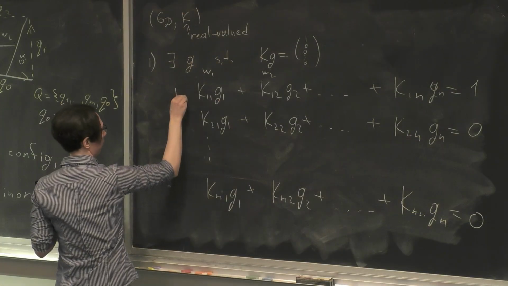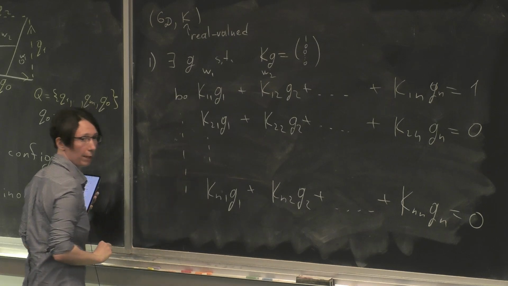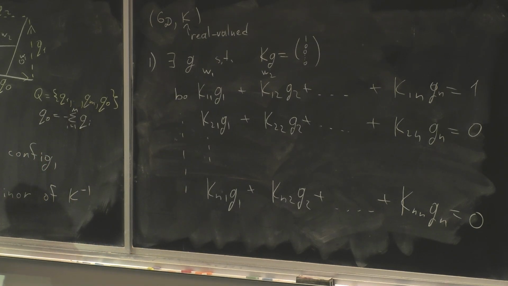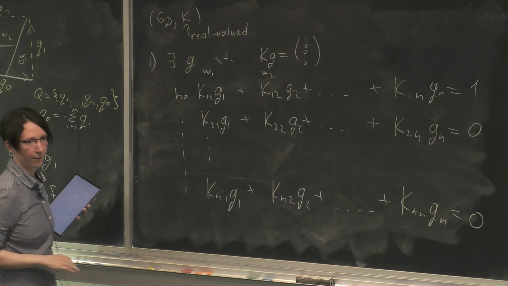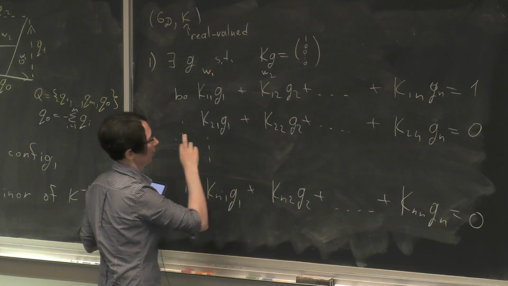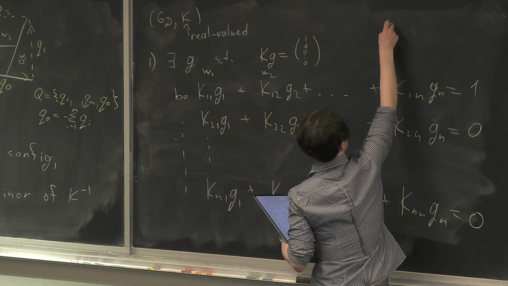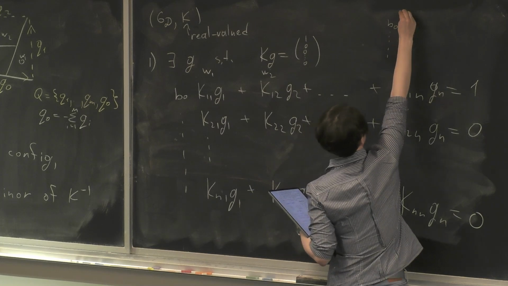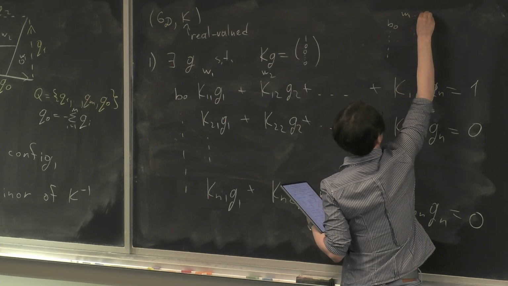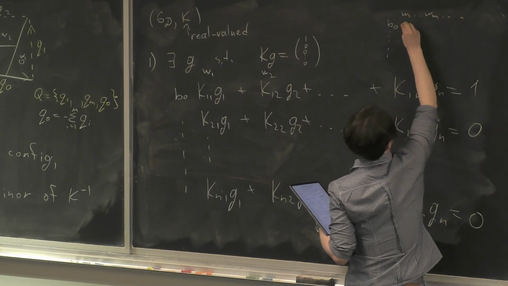This one corresponds to B0, all others correspond to black vertices. I don't care what the ordering there is. Okay, so we have a matrix which is B0, then all other Bs, and here W1, ..., Wm, and all other Ws.